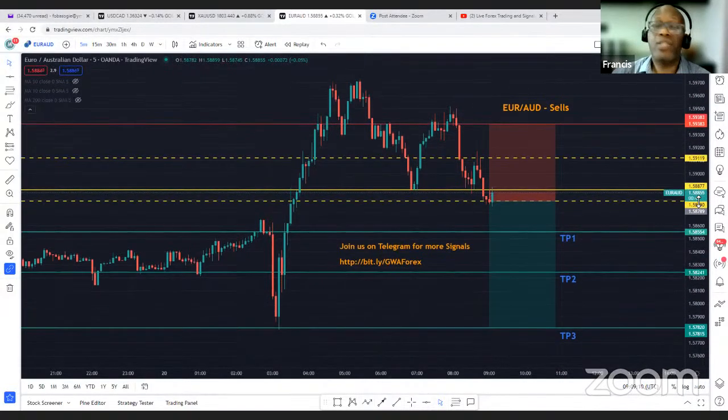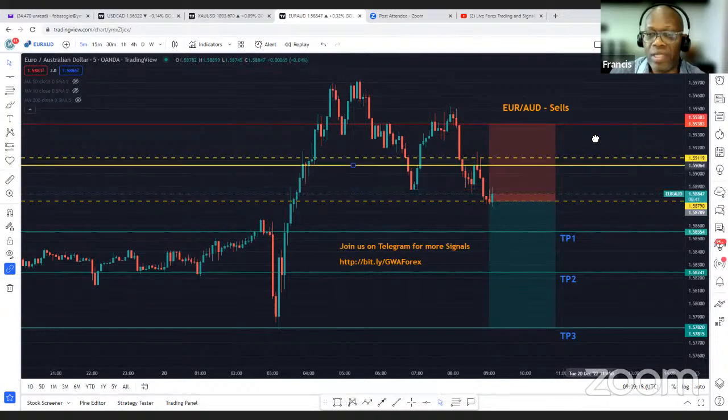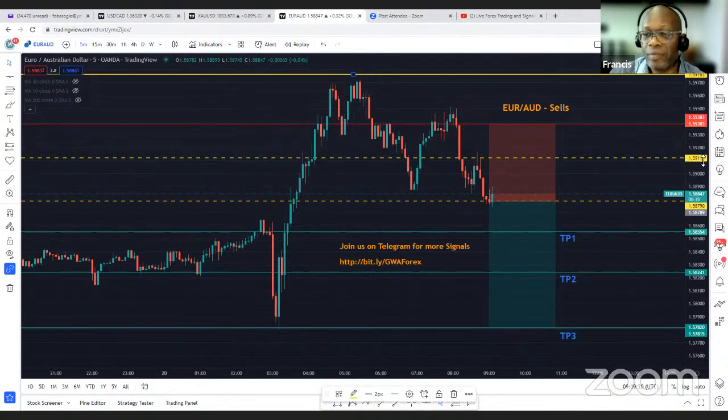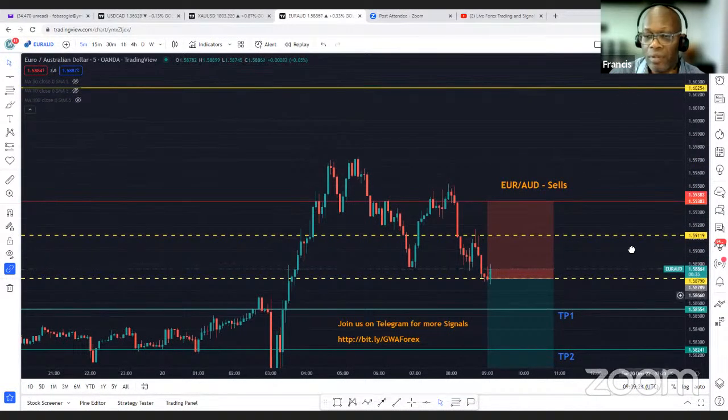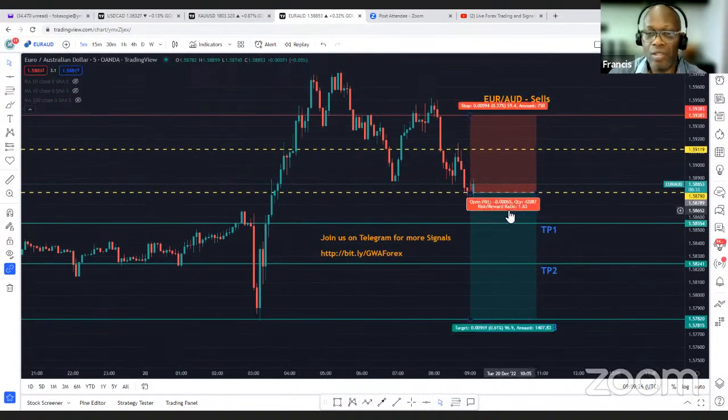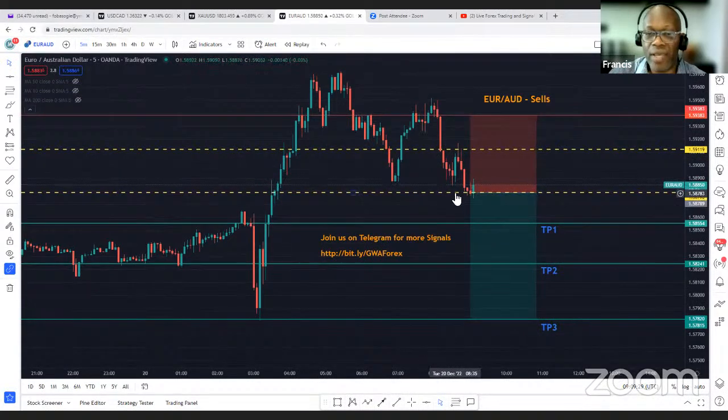And what I tend to teach as well, this is where we entered the trade. This is TP1, that's TP2, TP3.